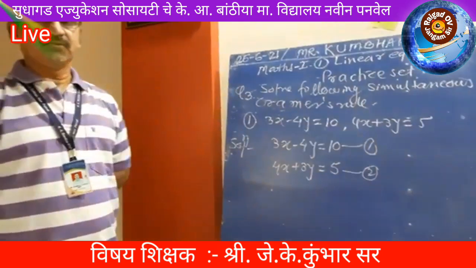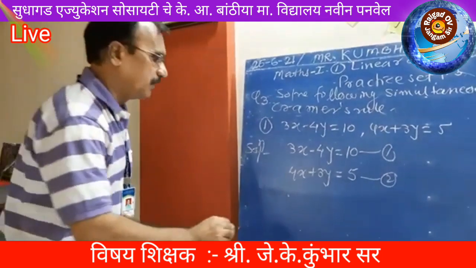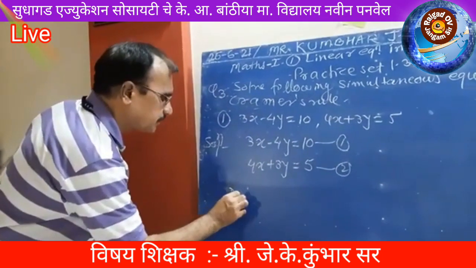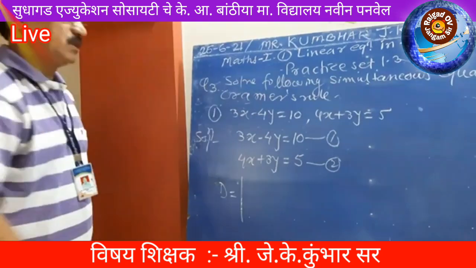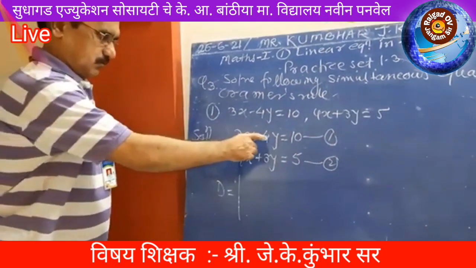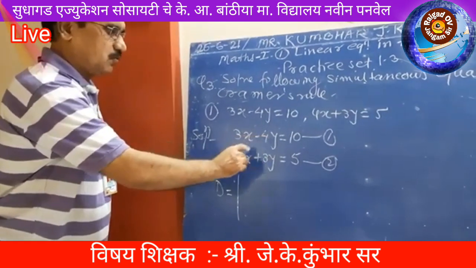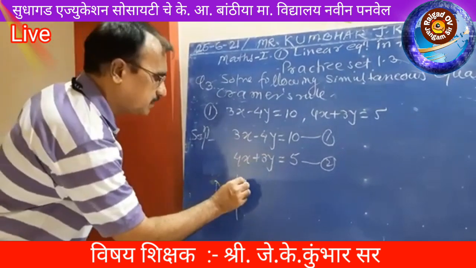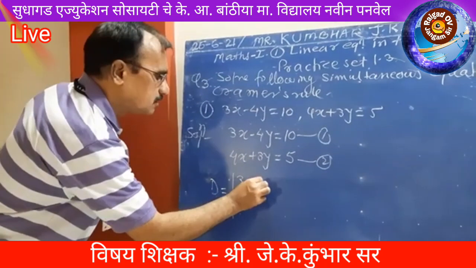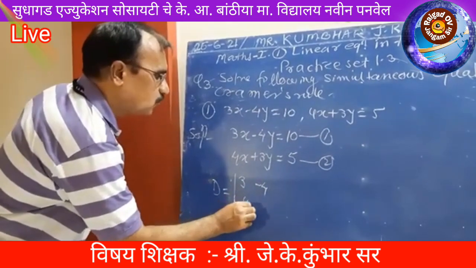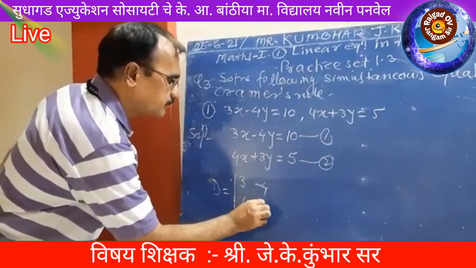You know, first we have to find the value of D, the determinant. D is equal to, what is the formula? First, a1, a2, b1, b2 are the main players. That means 3, minus 4, 4 and 3.